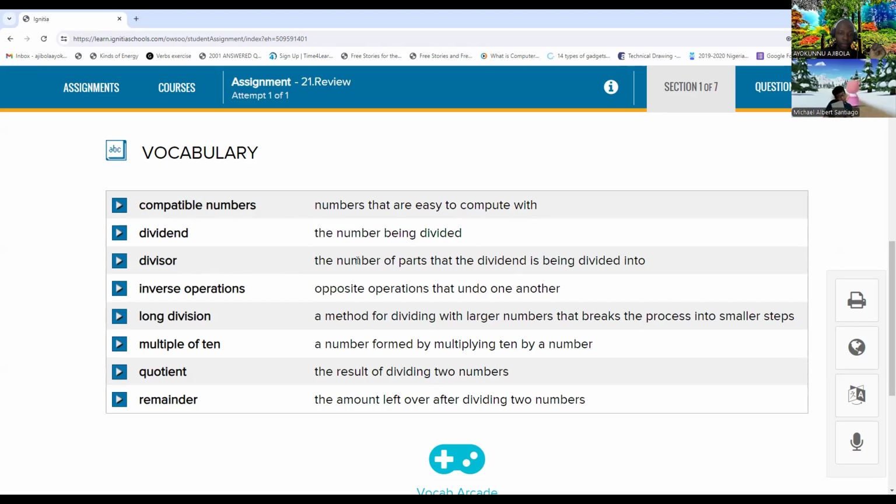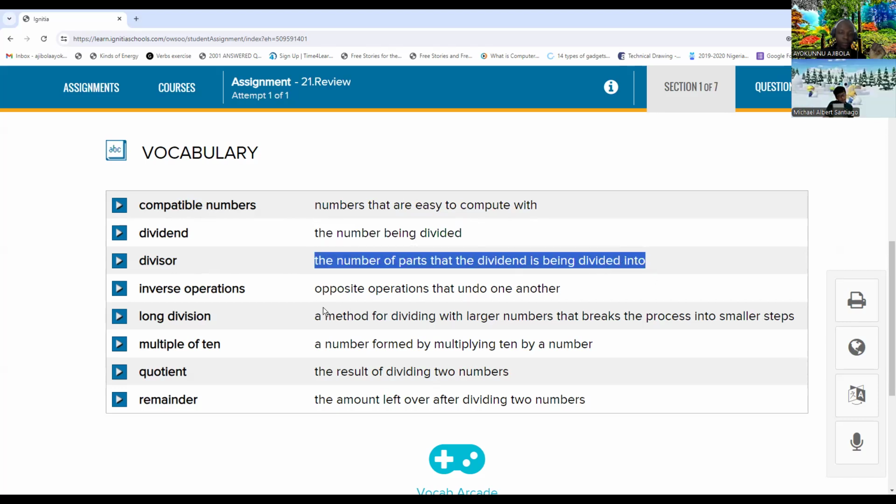What about divisor? The number of parts that the dividend is being divided into. Okay, so the dividend is usually the one we want to divide into groups, then the number of groups is the divisor. For example, if we have 15 divided by 3, 15 is our dividend, while 3 is our divisor because we want to divide 15 into 3 groups.